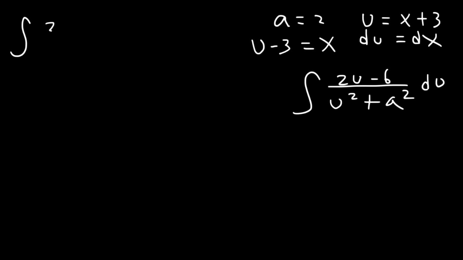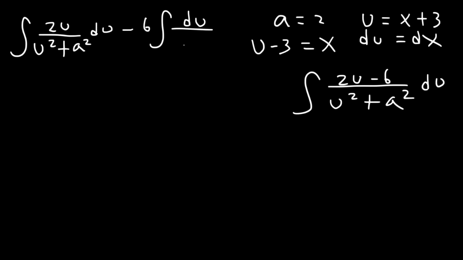So this is going to be 2u over u squared plus a squared du minus 6 du over u squared plus a squared.